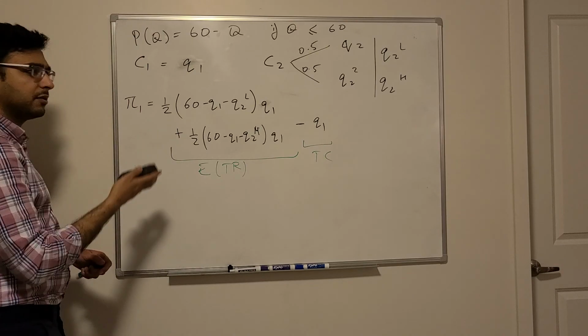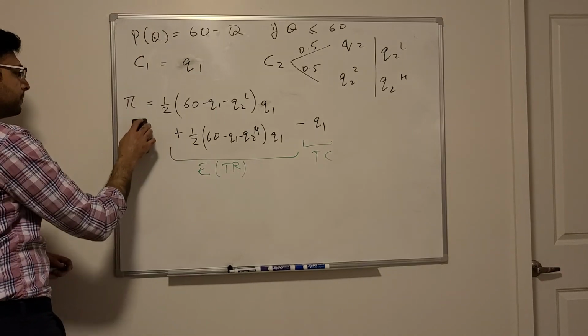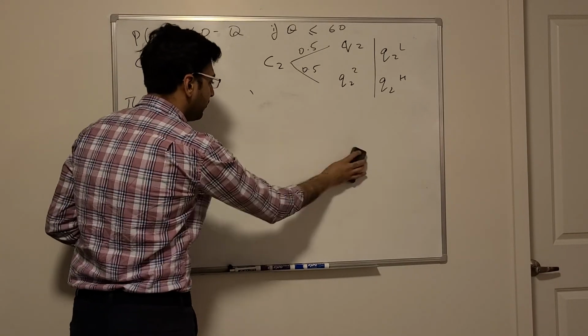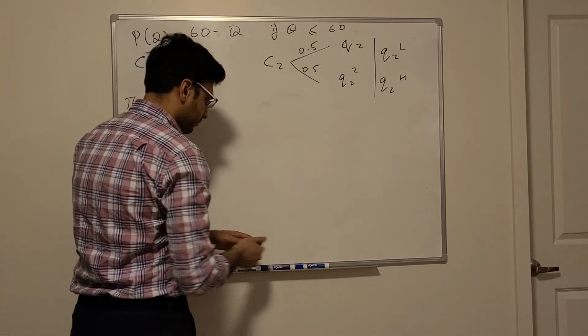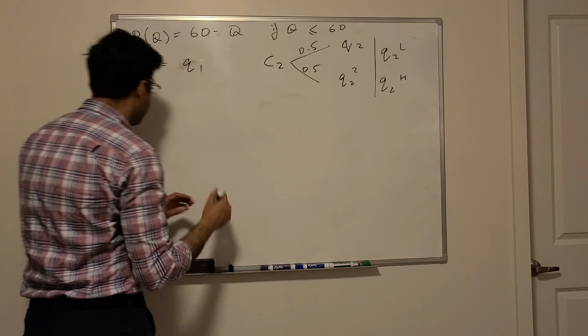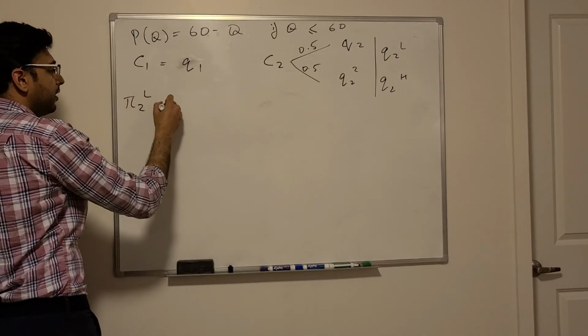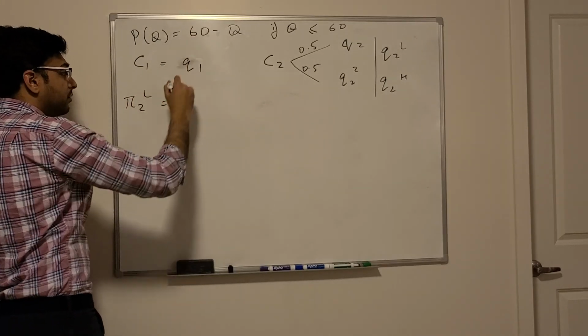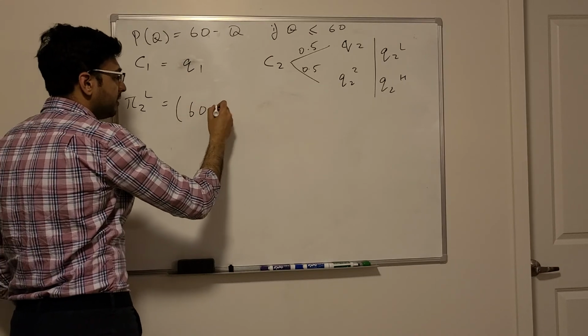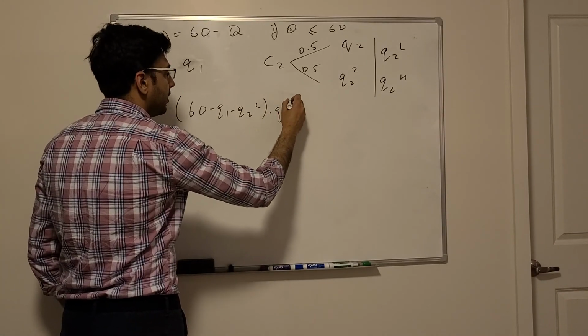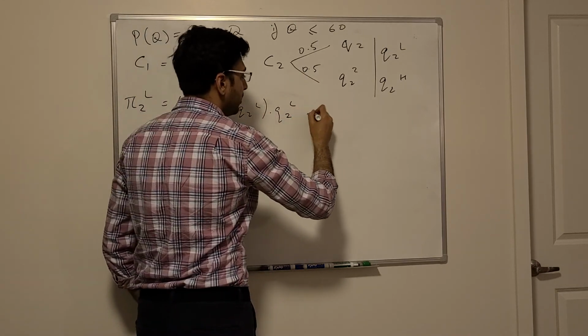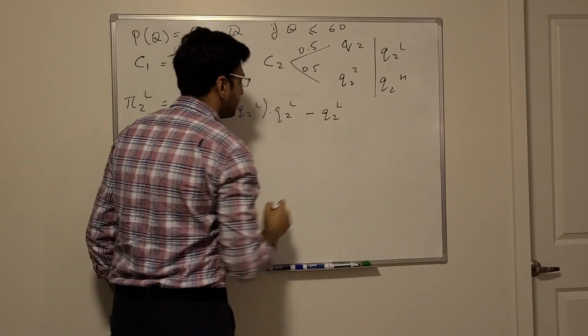I'm just going to write out the profit for firm 2 now. I have to write it out for each type of firm 2. So, bear with me, pi 2L equals the total revenue, which is 60 minus Q1 minus Q2L times Q2L, and its total cost will just be Q2L.